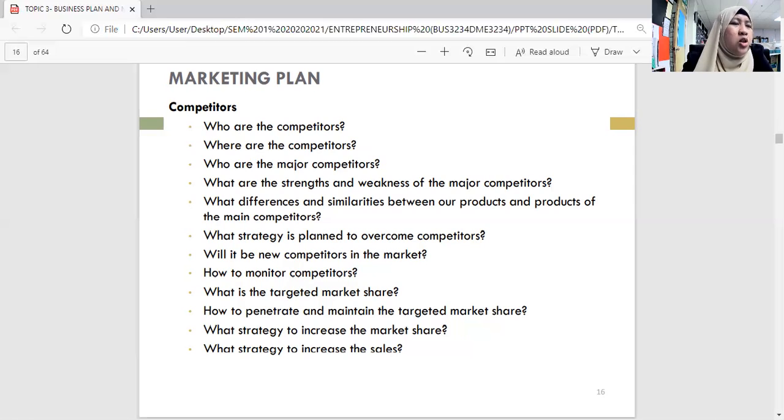That's why I said it should be within the same industry. And what strategy is planned to overcome the competitors, meaning to see how you can make sure that you can beat your competitors.